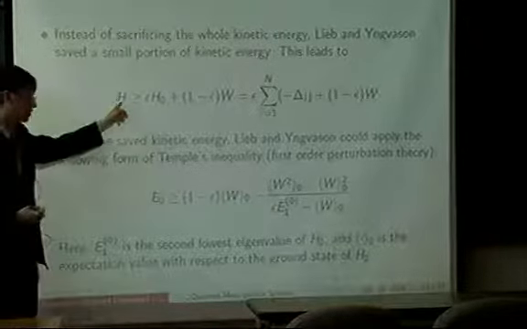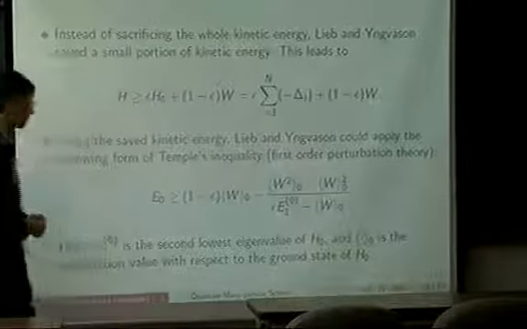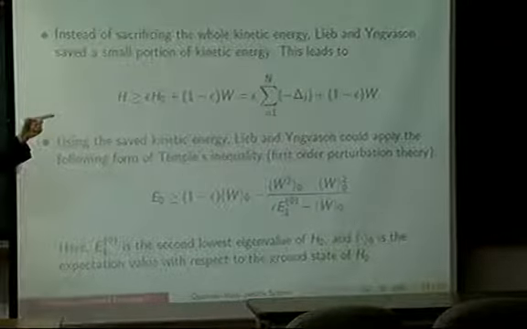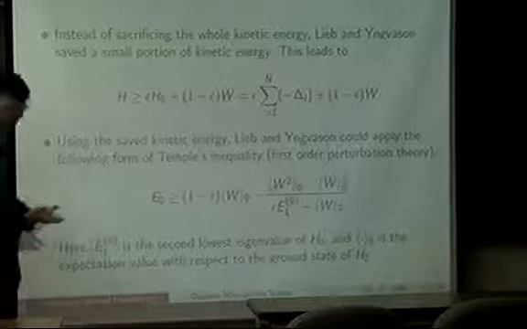So H is bigger than this plus this. Epsilon is very small, but still we have that epsilon. And then use perturbation, or Temple's inequality, like this.